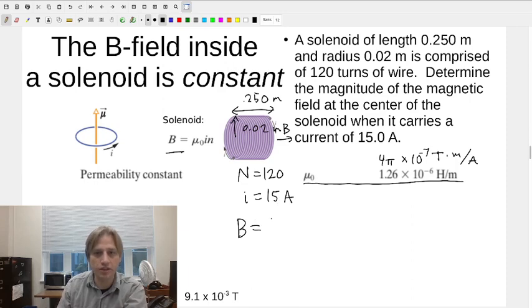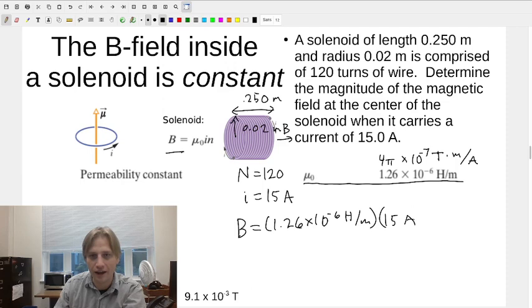So when you're sticking these numbers in, mu naught is 1.26 times 10 to the minus 6th henries per meter, and then I is 15 amps. The thing to be careful about is that little n.